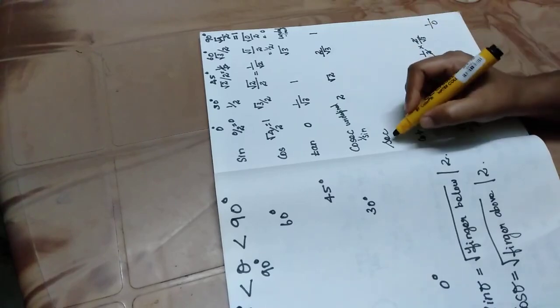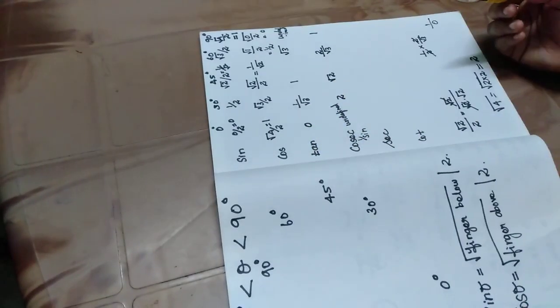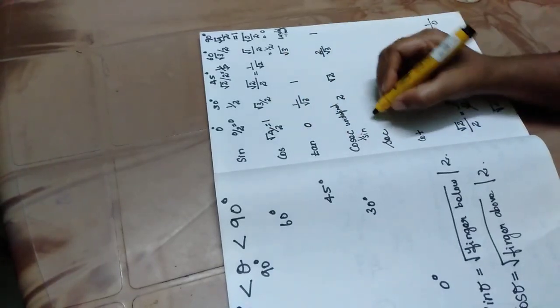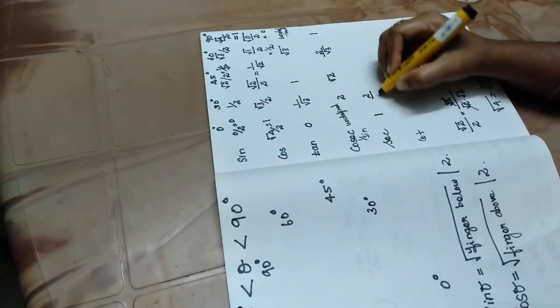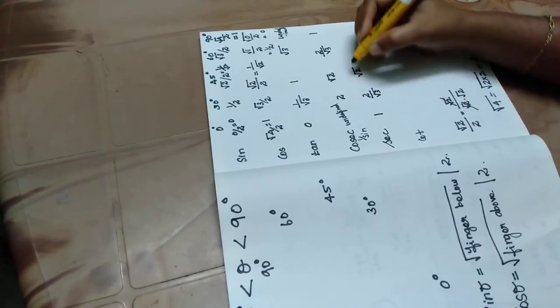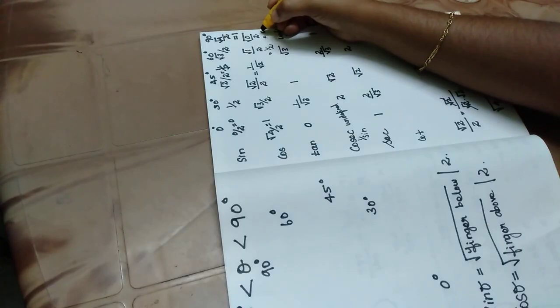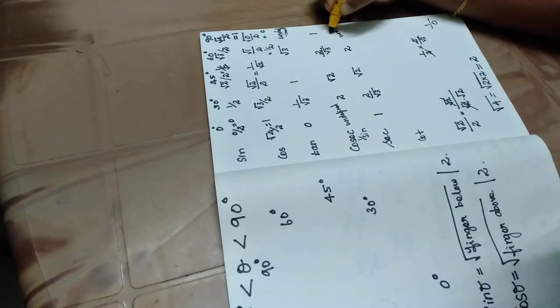Yes. Now secant theta means 1 divided by cos theta, isn't that? So 1 divided by cos theta, 1 by 1, 1. Now here, yeah, 2 by root 3, square root of 2, then 2, what is 1 by 0 means? 1 by 0, undefined.